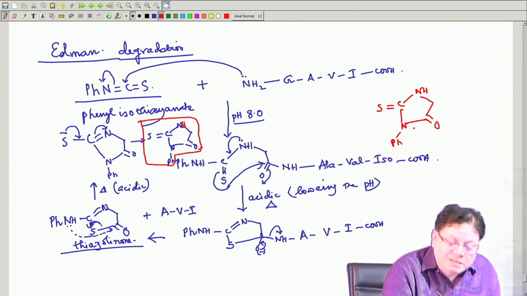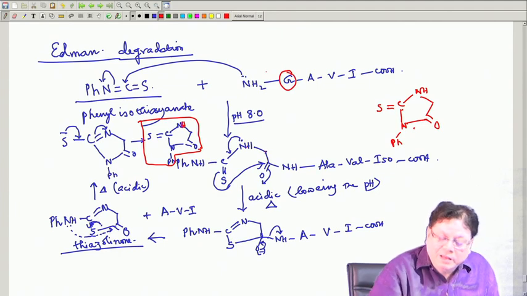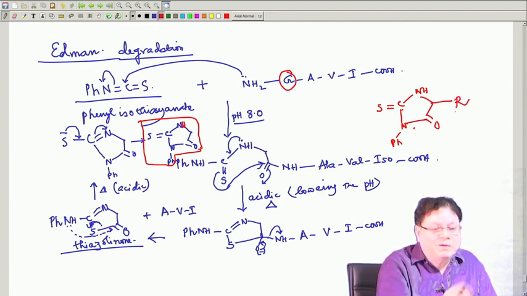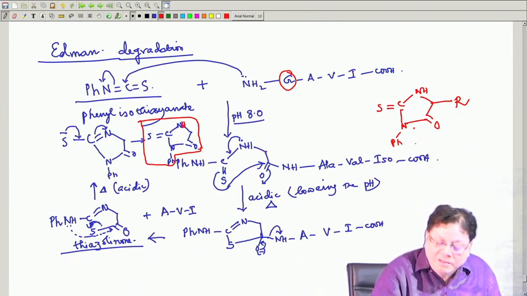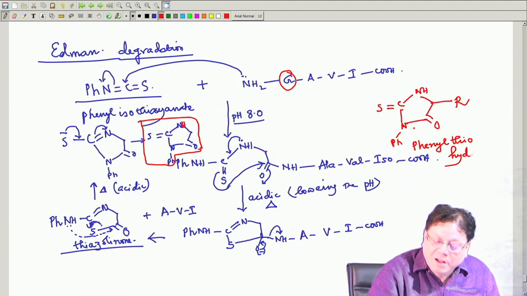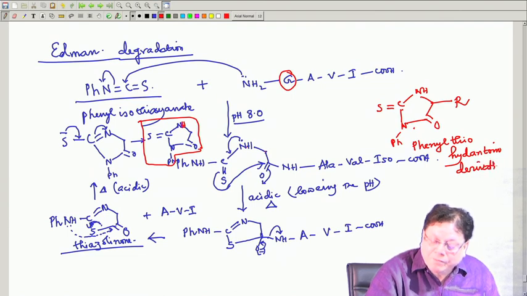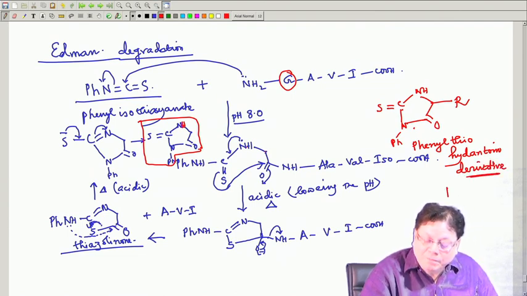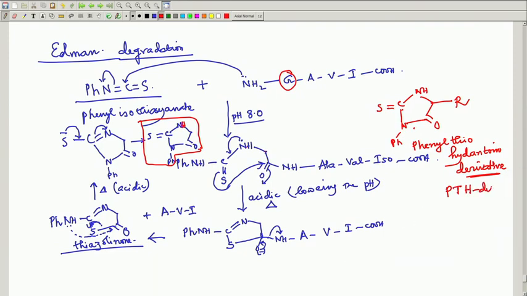If it is not glycine, suppose any other amino acid, then you have a substituent here depending on the different type of amino acid here. By the way, this is what is called phenyl thiohydantoin derivative, or in abbreviation PTH derivative.